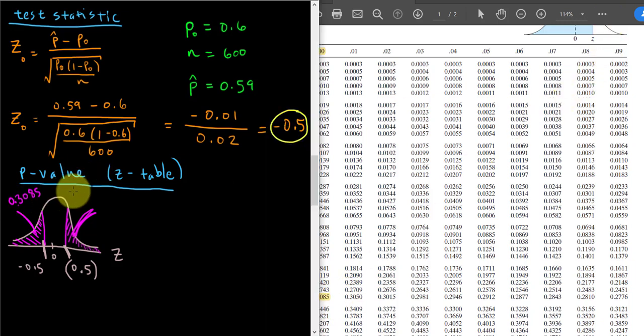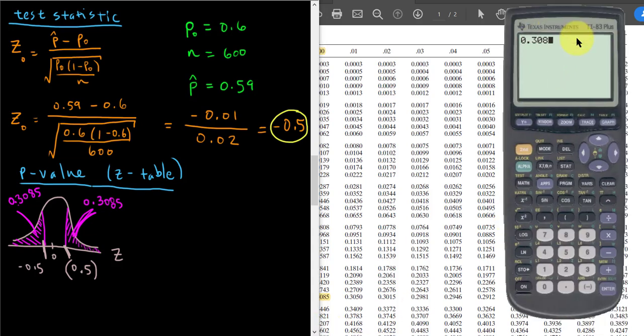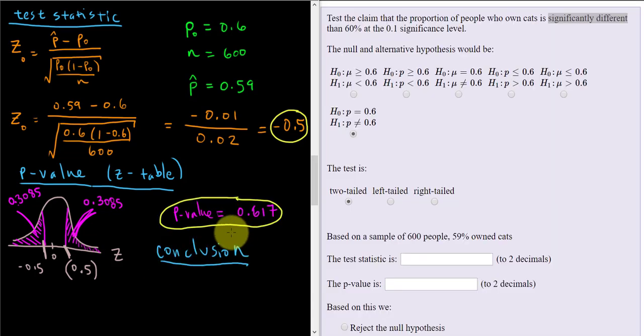But that's not the entire answer for our p-value, because this pink area over on the right side is also 0.3085. So let's go to our calculator and multiply 0.3085 by 2. And that is going to be our p-value. It is 0.617.